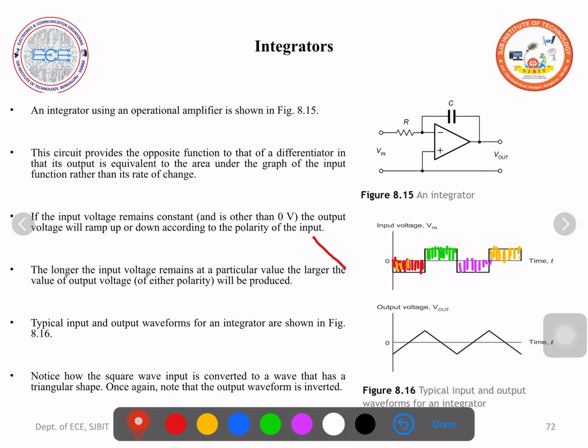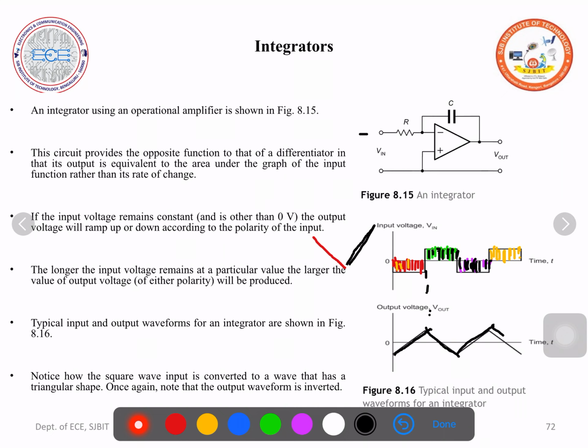But as the input is applied to the inverting terminal, the output is a positive going ramp. After that, the area is positive, so go on adding this area. Actually, we expect a positive going ramp, but what are we getting? We are getting a negative ramp because the input is applied to the inverting input terminal.